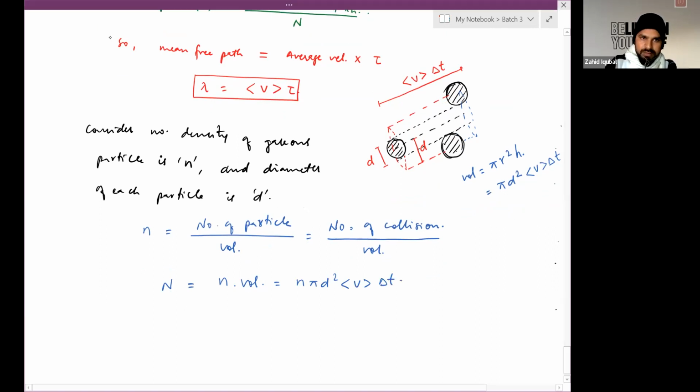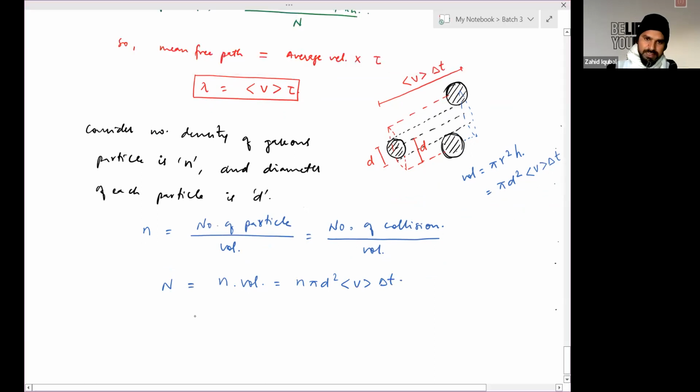Now, just move this delta t to the left side. N divided by delta t equals n pi d squared multiplied by average speed. This quantity is the number of collisions per unit time, which we also define as the rate of collision.